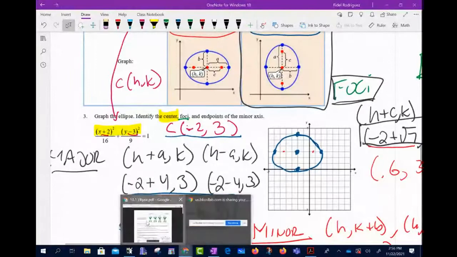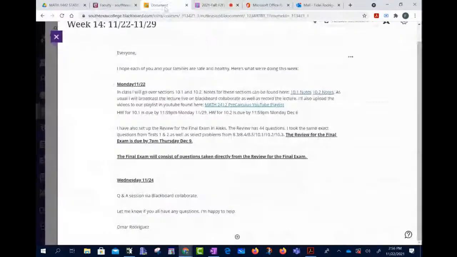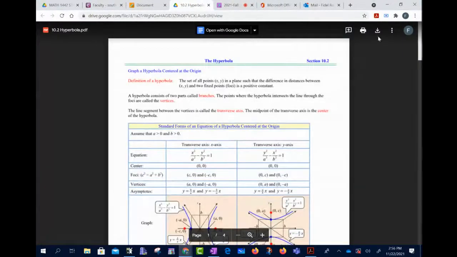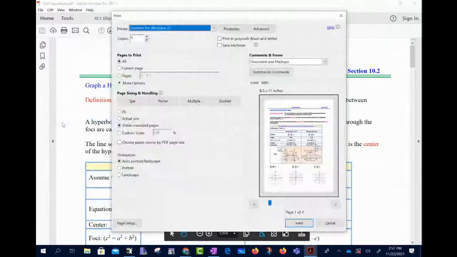So that was 10.1. Let's do 10.2, y'all. Let me get 10.2 ready here. Oh, here we go. And let's download this guy, and let's print this one as well.